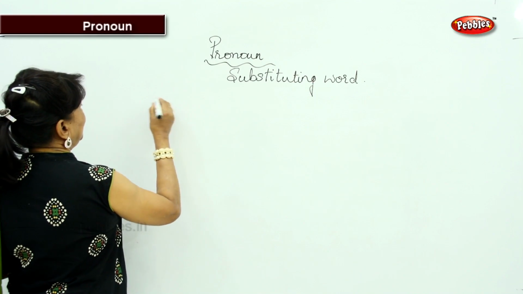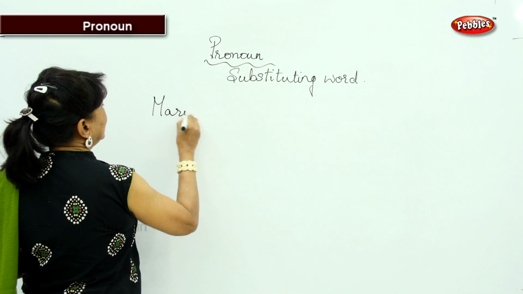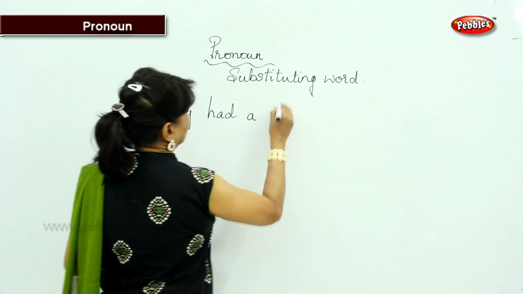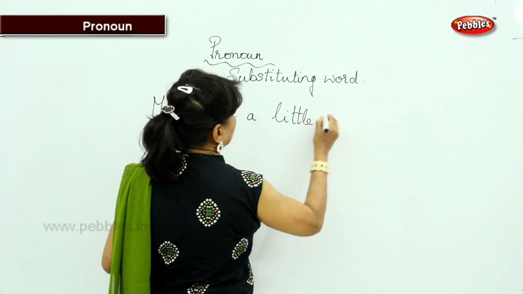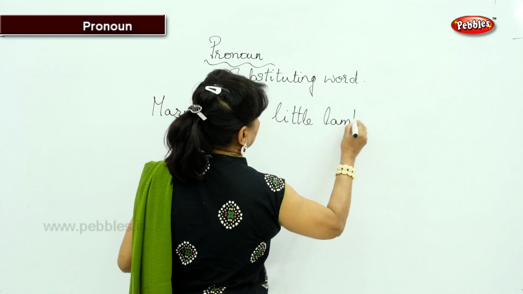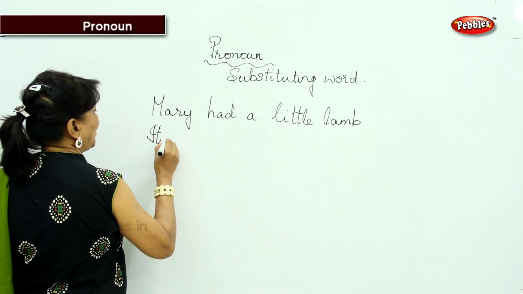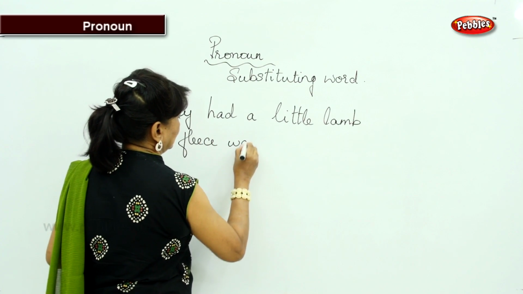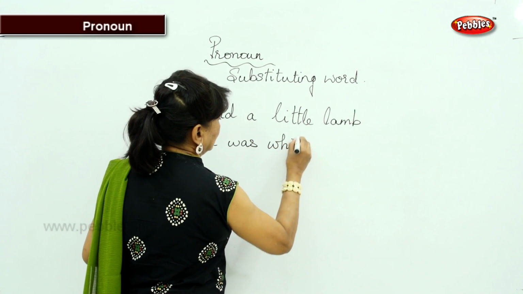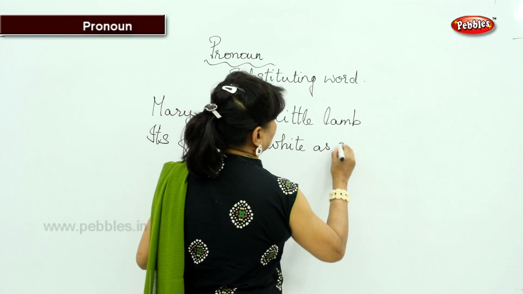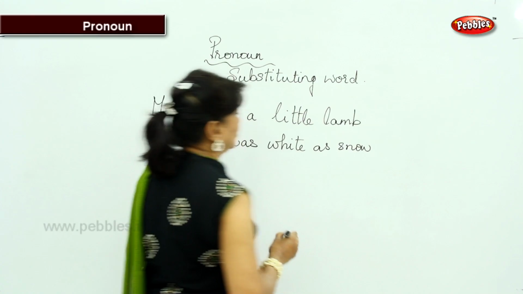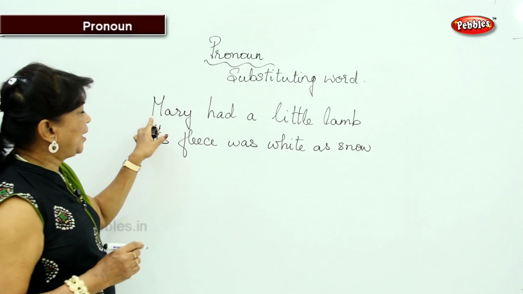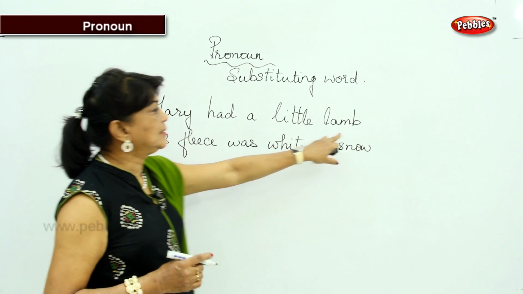For example, if I say, Mary had a little lamb, its fleece was white as snow. Mary is a girl and she had a little lamb.